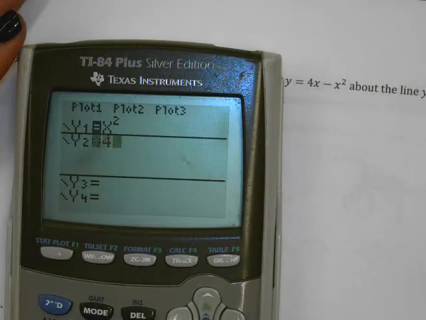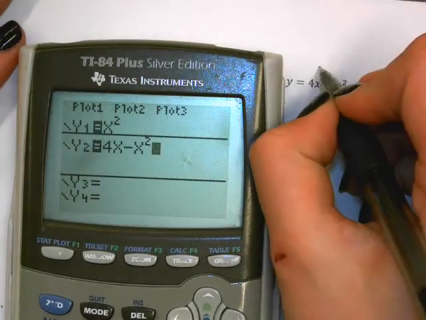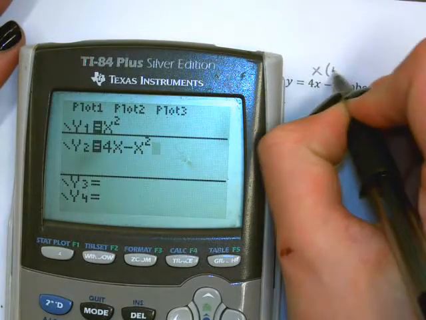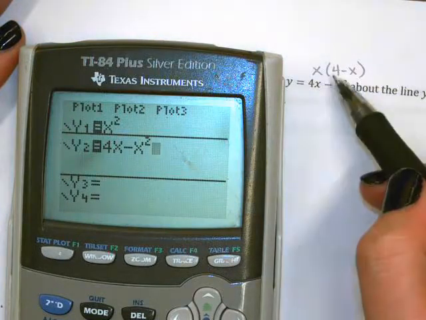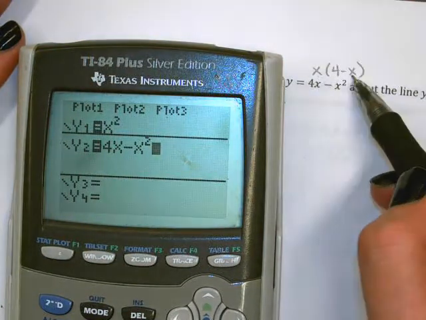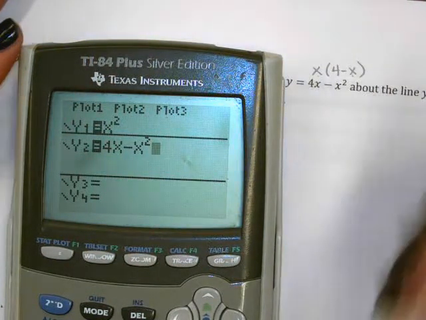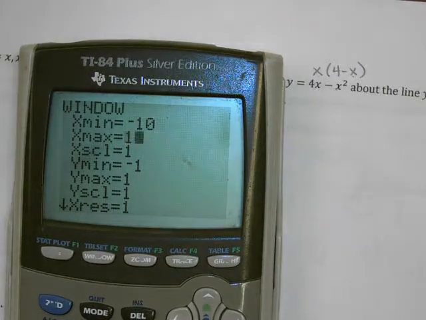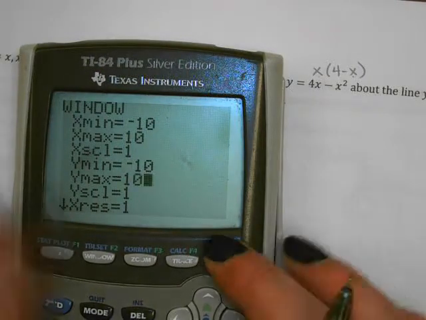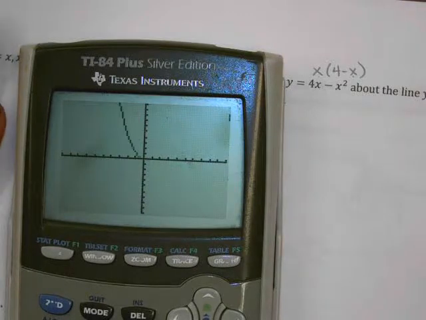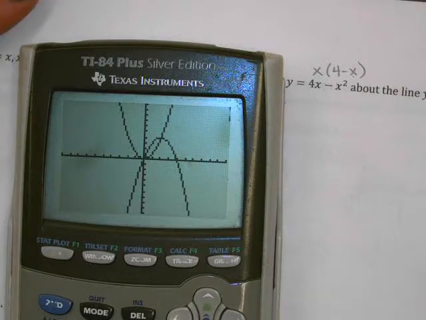So 4x minus x squared. If I factor it, it's x times 4 minus x, so it has x-intercepts at 0 and positive 4. It's a negative x squared, so I know it's upside down. There's our regular parabola, and there's our upside down parabola.